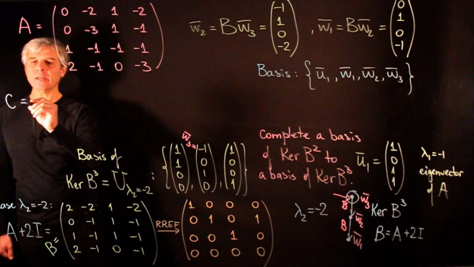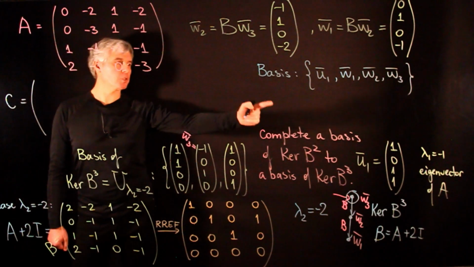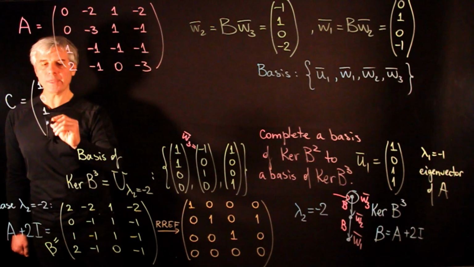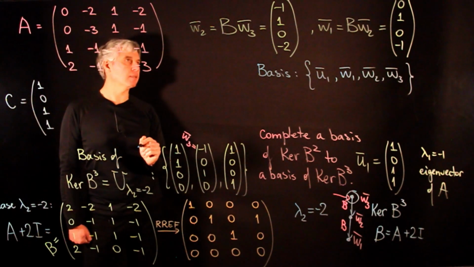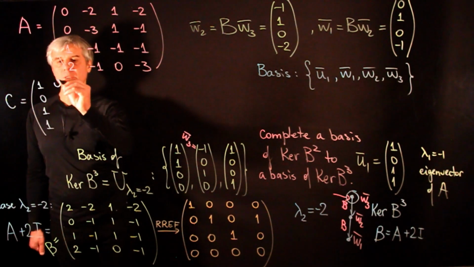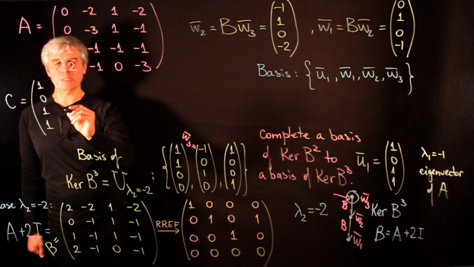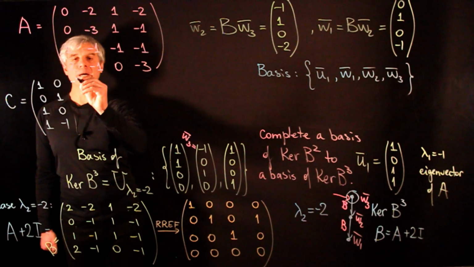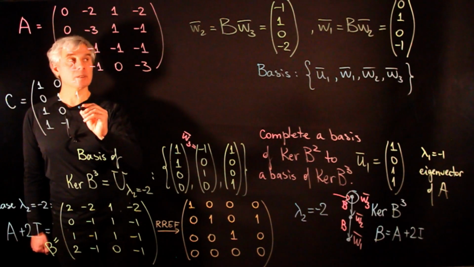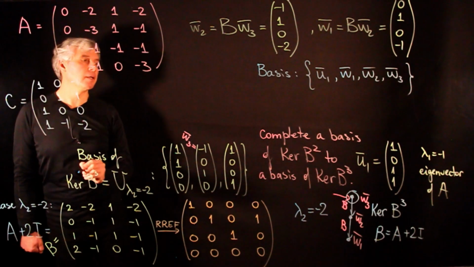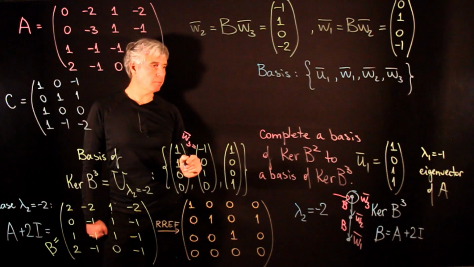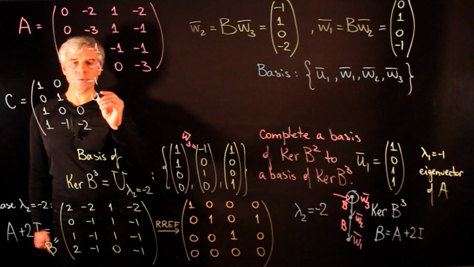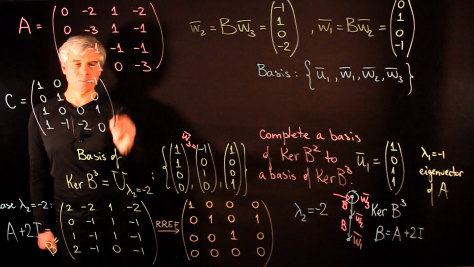So the matrix C is the following. First we place u1, which is (1, 0, 1, 1). Then we place w1, (0, 1, 0, -1). Then we place w2, (-1, 1, 0, -2). And finally, we place w3, which is this vector here, (-1, 0, 1, 0).